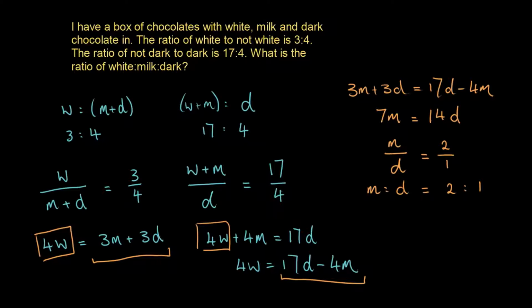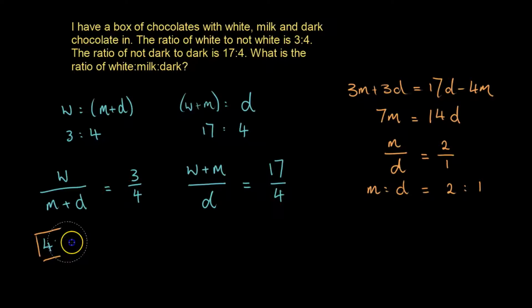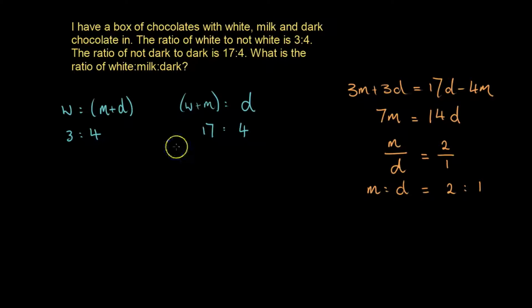And let's get some space back here, let's get rid of that. Okay, so using this newfound relationship between m, the number of milk chocolate pieces, and d, the number of dark chocolate pieces, let's go back and have a look at this first ratio. So on this right-hand side here, we have the sum of the milk chocolate pieces plus the sum of the dark chocolate pieces.